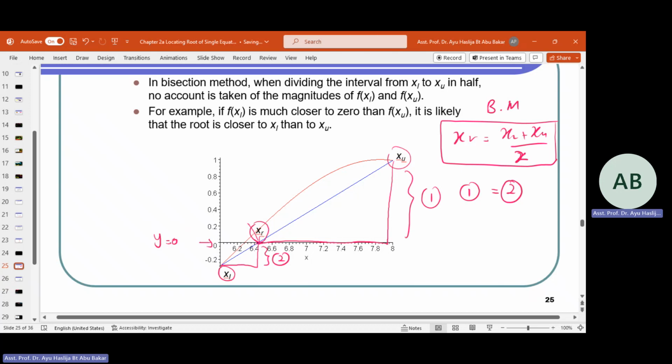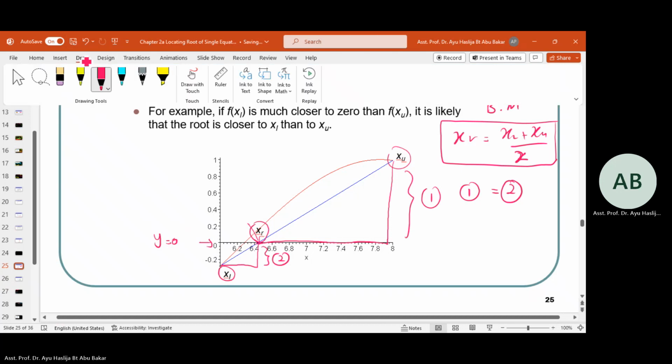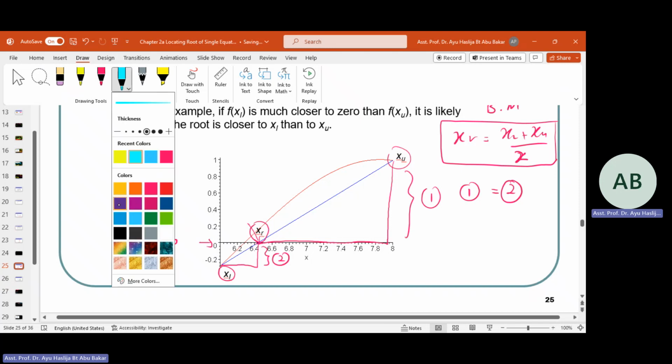So from here, how to find the gradient? Y2 minus Y1 over X2 minus X1, correct?